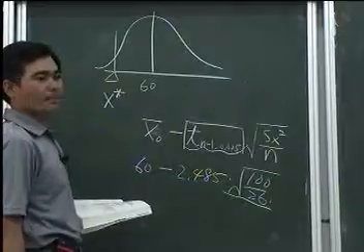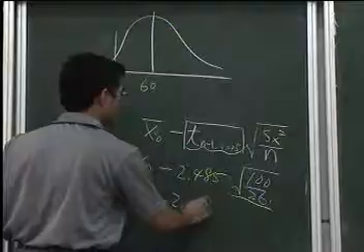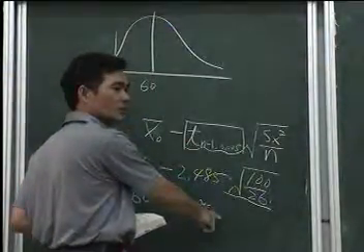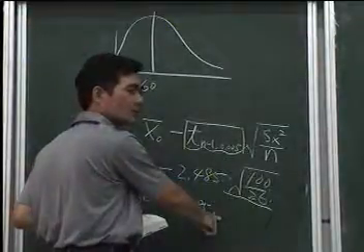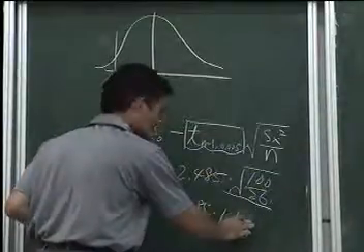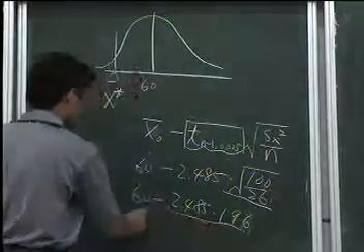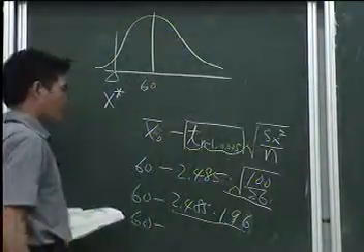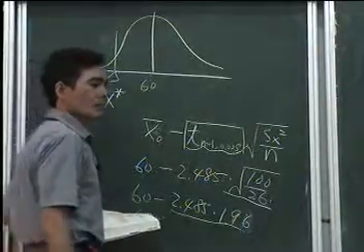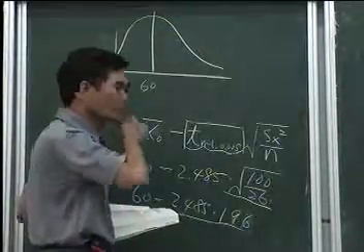Get a calculator. So it's 60 minus 2.485 times, should be close to 1.86596. Okay, then what's the total number there? $4.87?